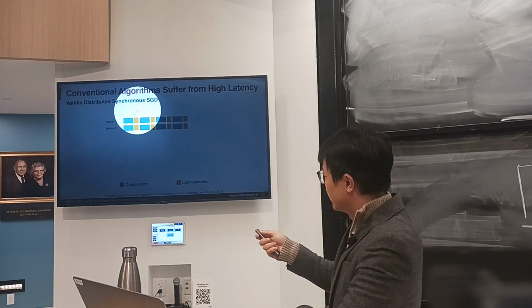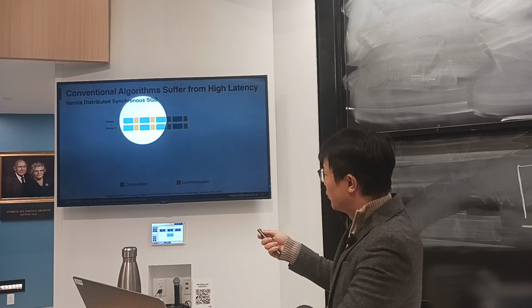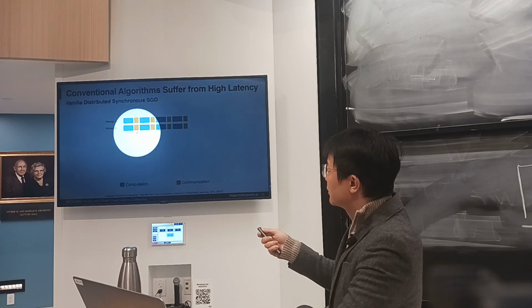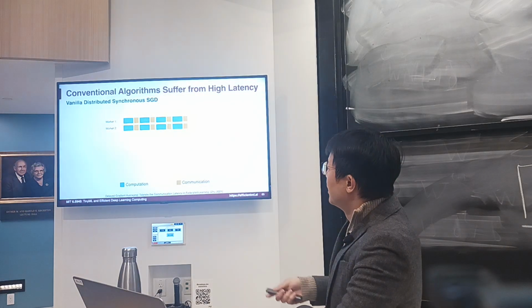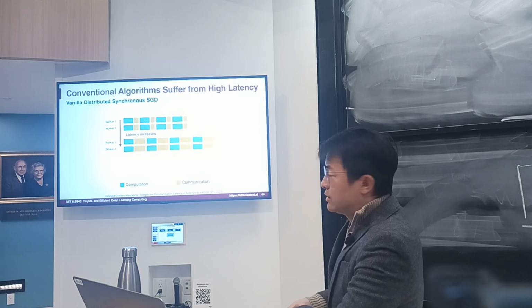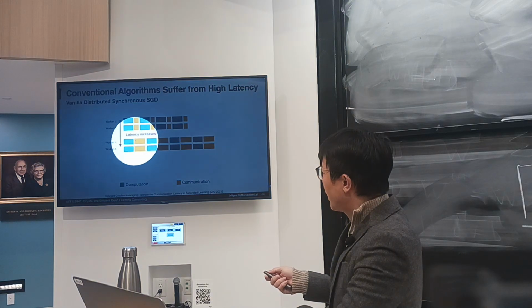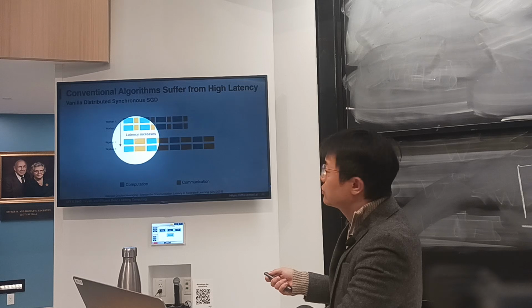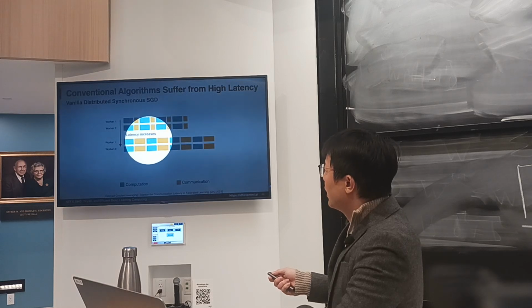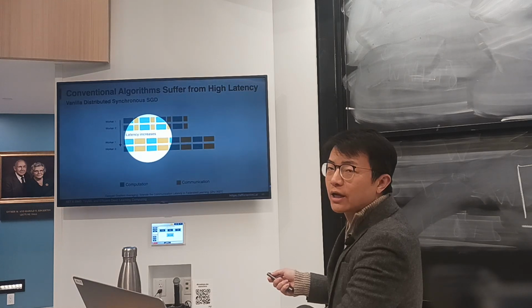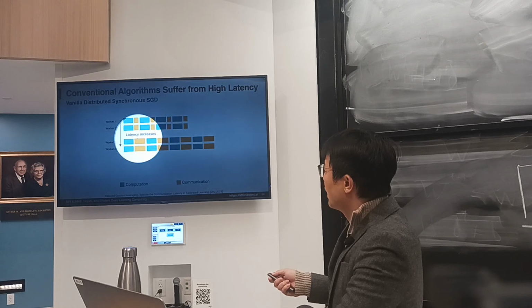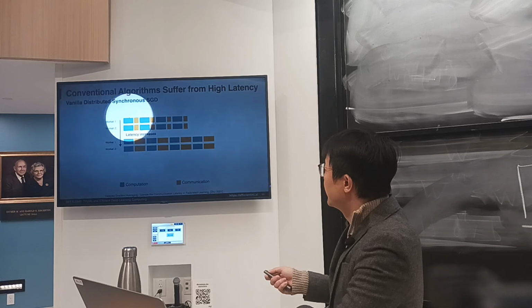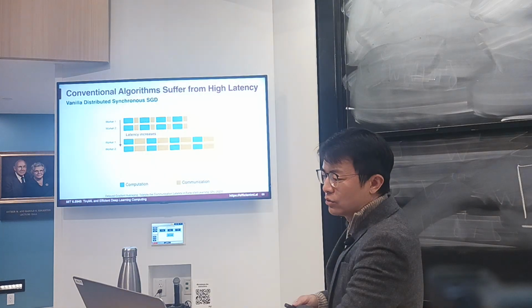So we have to wait for the communication to finish before we can start the second iteration of computation. If the latency increases, the yellow part, which is communication time, will increase. Worker 1 and worker 2 cannot start the next round of computation before the communication finishes, since they need to synchronize. So that will increase the total latency.